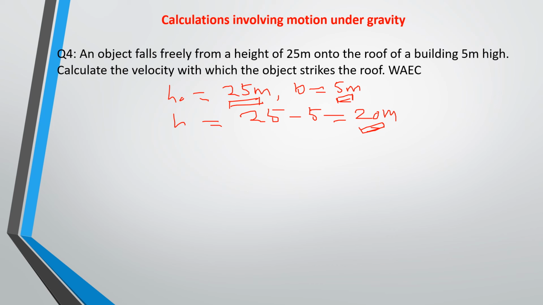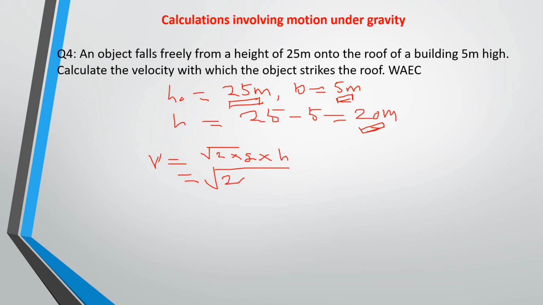That's okay. So from that equation that we derived, we got that velocity of hitting the ground is equal to square root of 2 times g times h. So just substitute these values into this equation.